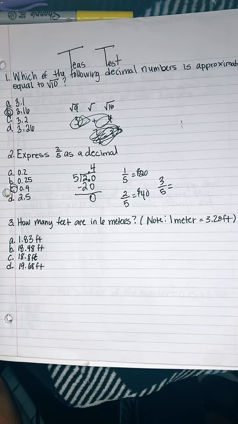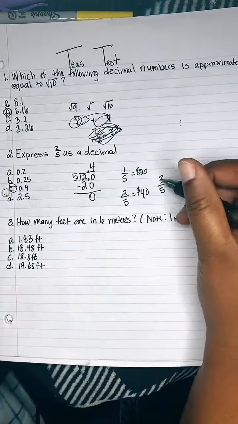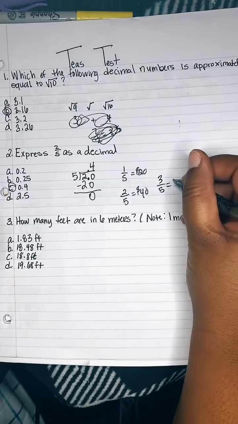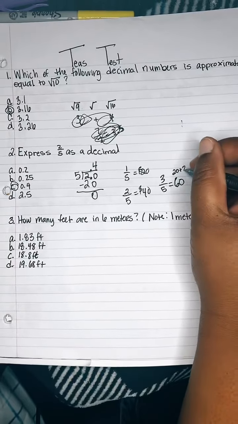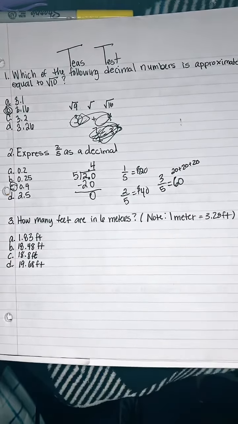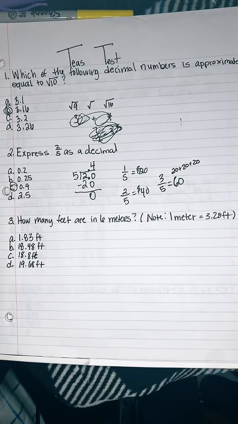What's 3/5? Good, $60. Exactly, because you have 3 20s: a 20 plus a 20 plus a 20. So that gives you 60.